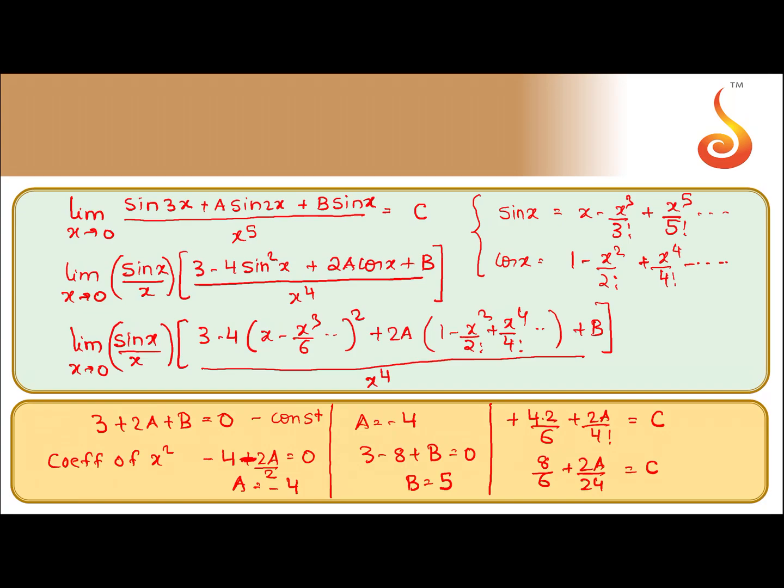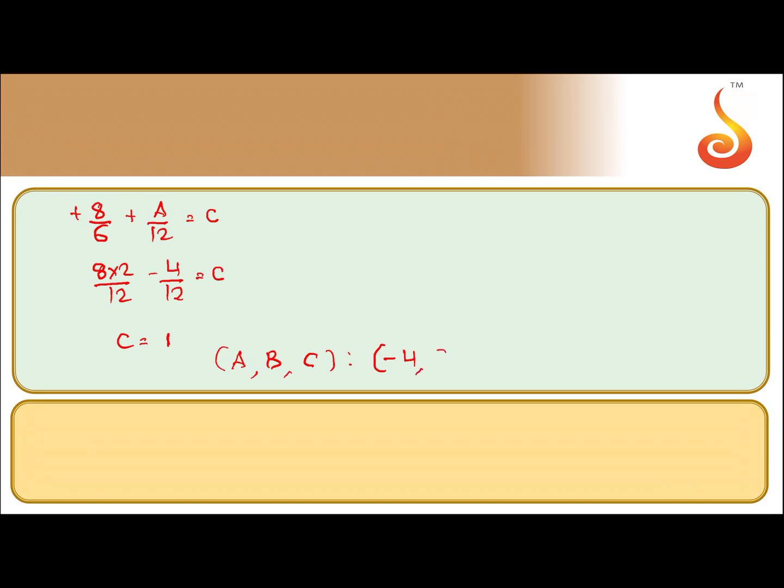We get 8 by 6 plus a by 12 is equal to c. We get 8 into 2 by 12 minus 4 by 12 is equal to c, or c is equal to 1. So finally we got the A, B, C combination. A we got as minus 4, B as 5, and C as 1.